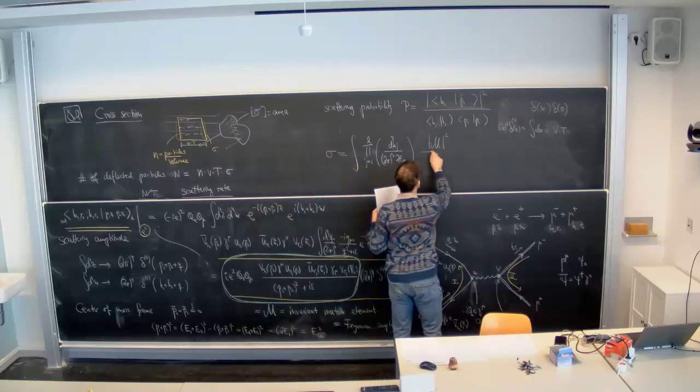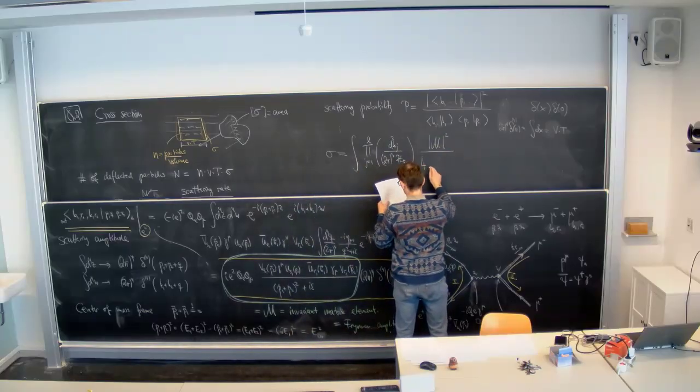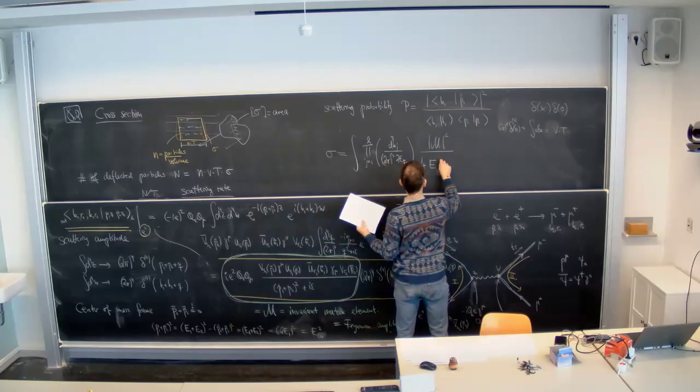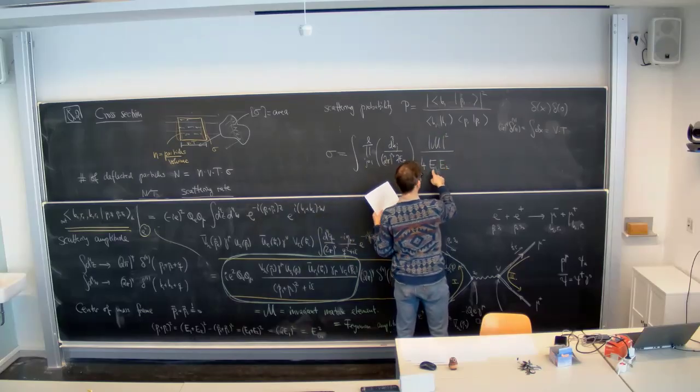And then this is the flux part, particle 1. I call it E1, E2. So this is the energy of the electron and of the positron, which is the same.